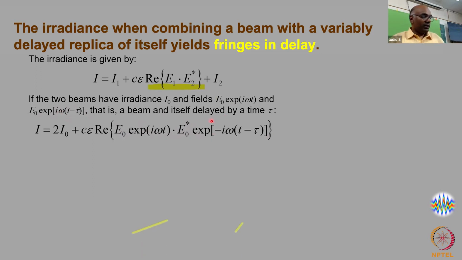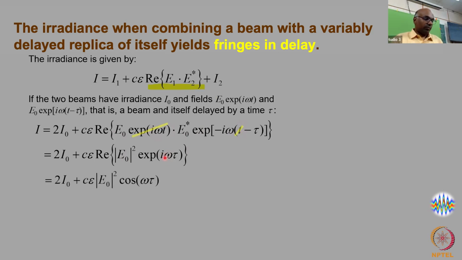Okay, so this now imposes a mathematical simplification where the terms containing the t cancel out. They both have opposite signs. And we are simply left here with E naught star, that is absolute value square of E naught, multiplying now the exponent of i omega tau, where tau is a delay. Okay.